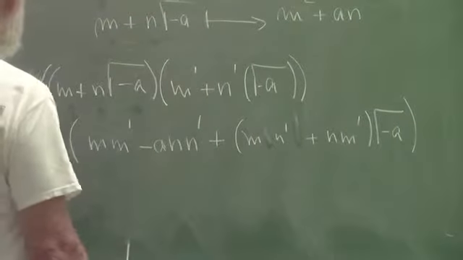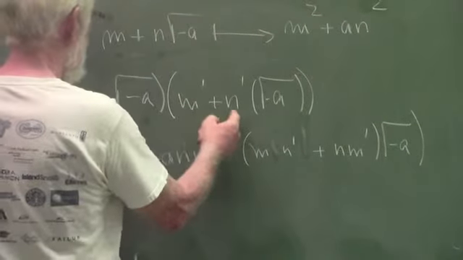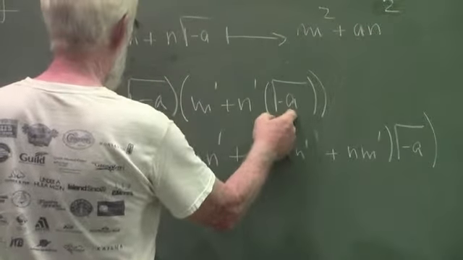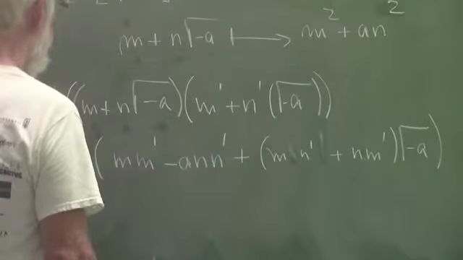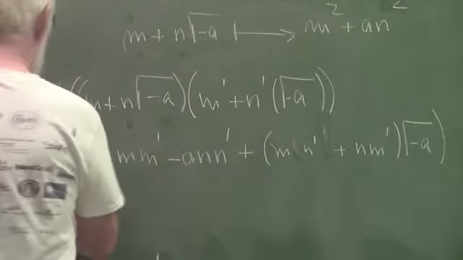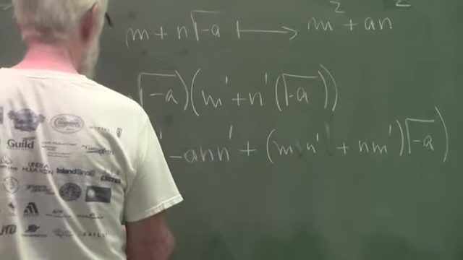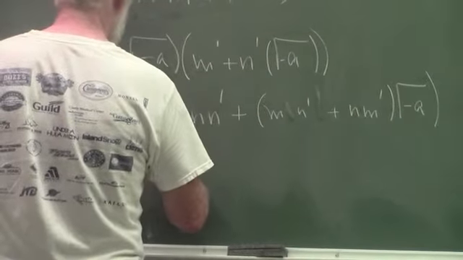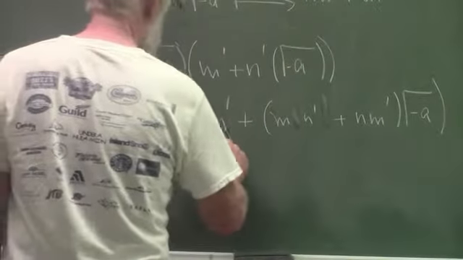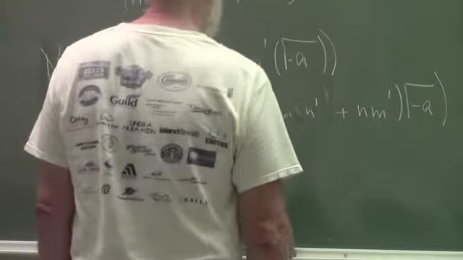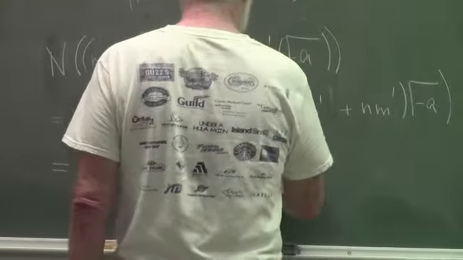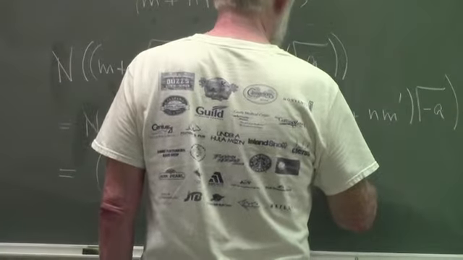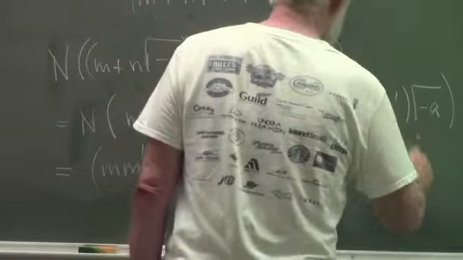I just multiply those numbers: I take the product of these, the product of these times -8, and then this and this, which is going to be the square of this. So this is M M prime minus A N N prime, squared, plus A times M N prime plus N M prime, squared.